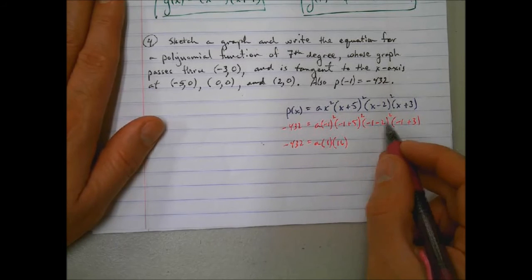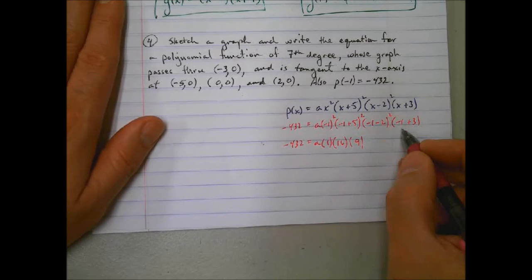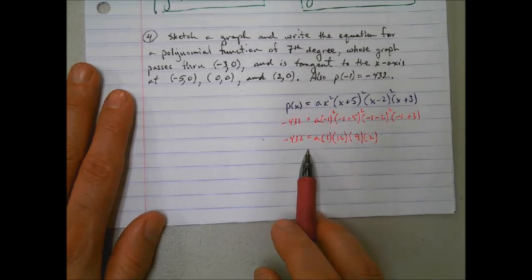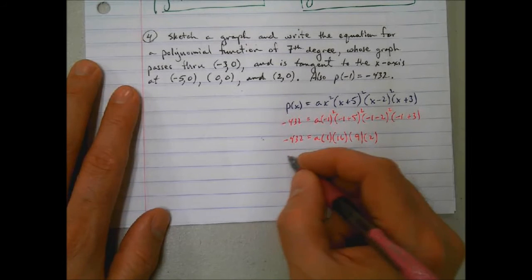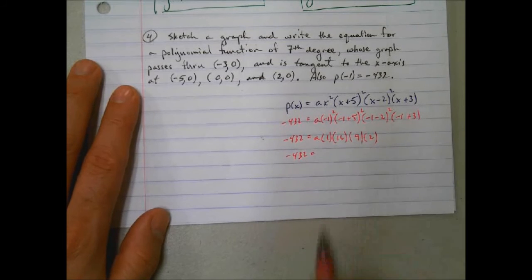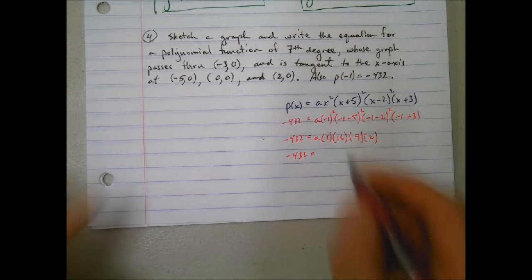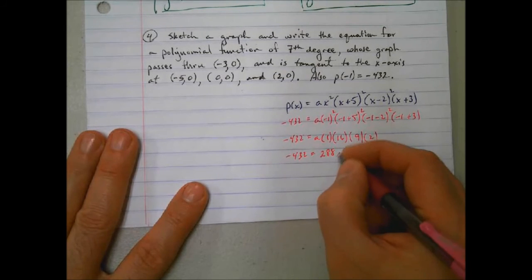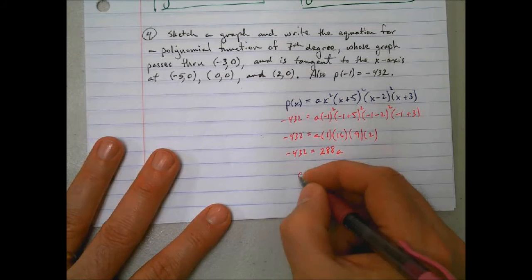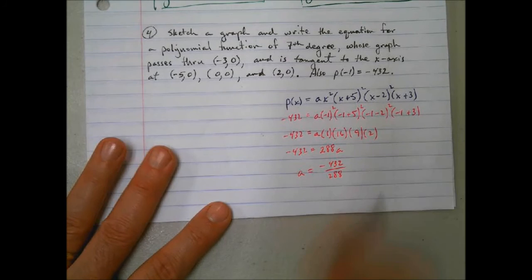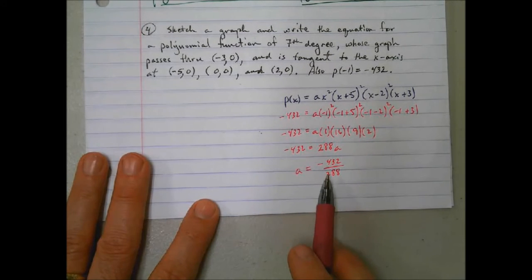Negative 3 squared. 2. Okay, so solving for a, let's see, 16 times 9 is 144, and times 2, that's 288. So a is going to be negative 432 over 288.